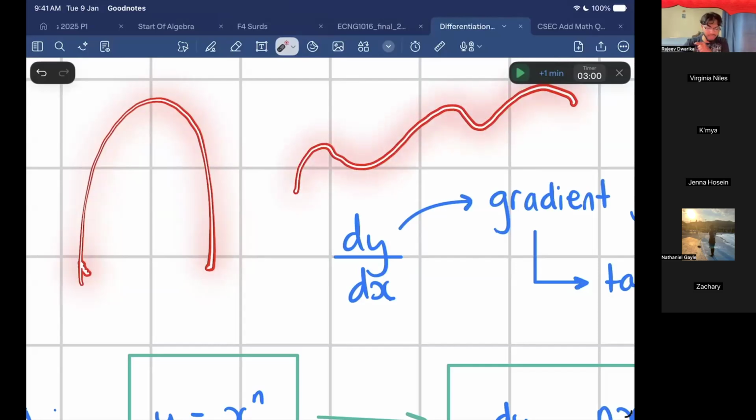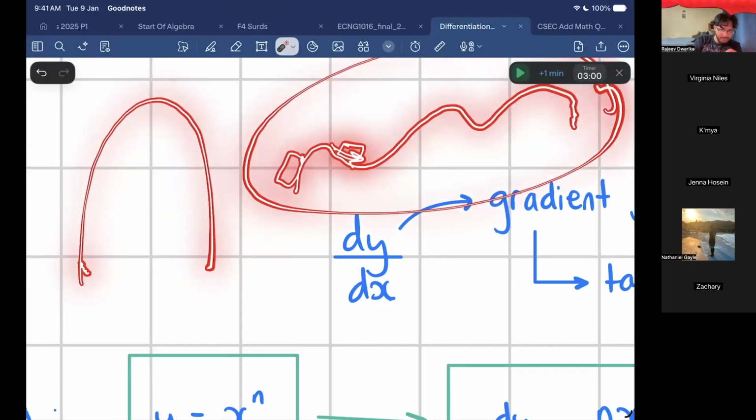If you were driving up this hill, would it be the same? Would you have to mash the same amount of gas or brakes throughout the whole journey? No. When you reach over here, you have to mash the accelerator. When you reach over here, you might want to mash the brakes because you're going to be accelerating downwards. Yeah. So would you say the slope or the gradient is the same for that part over there, that curve?